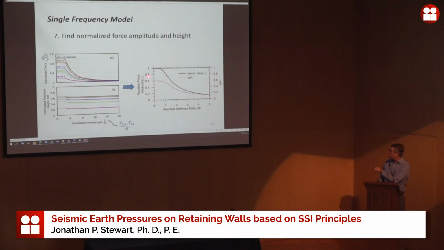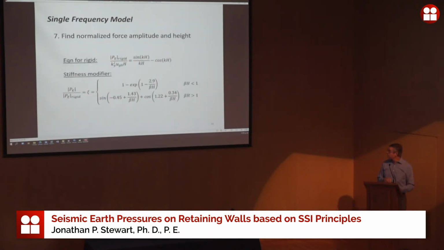We've converted them into a normalized force, just representing this change as beta over H goes up. So we have an equation for this, and this is the corresponding change in the wall height given beta over H. And so there are equations for those two curves, and you basically modify what you get from that simplified solution, those closed form expressions I showed before, with this, and you have your result.